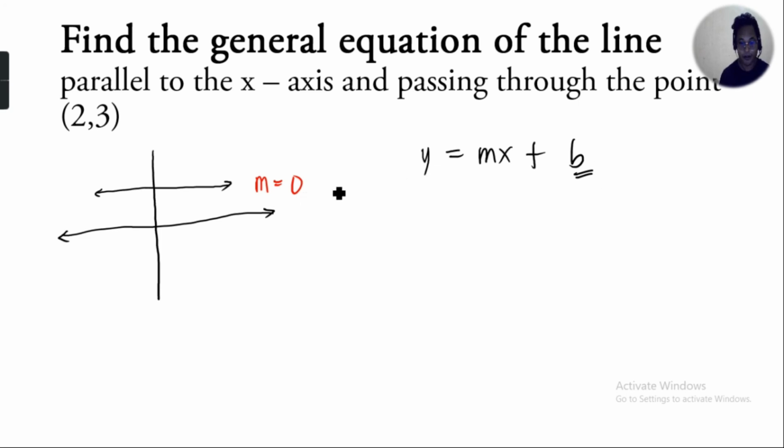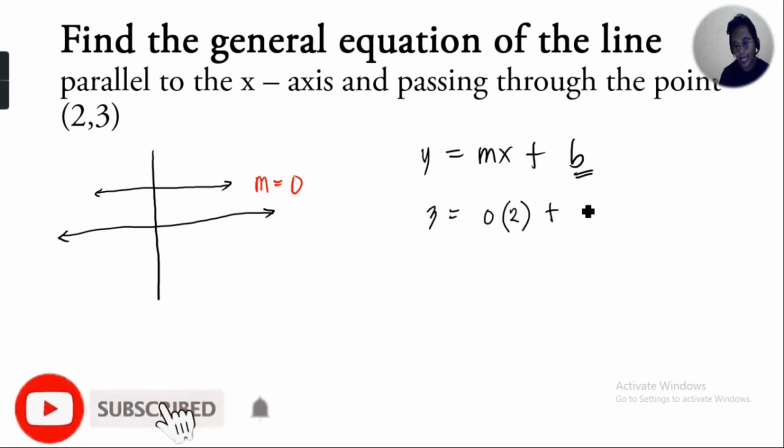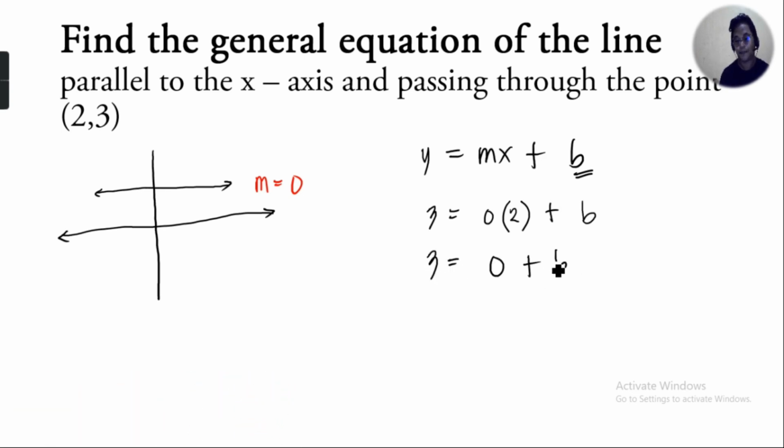And the slope is 0. So we're going to use also the value of m. y is equal to 3 from the given point. m is equal to 0. And x is equal to 2 plus b. So 3 is equal to 0 plus b.